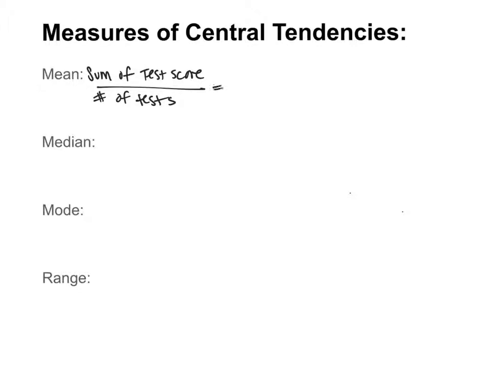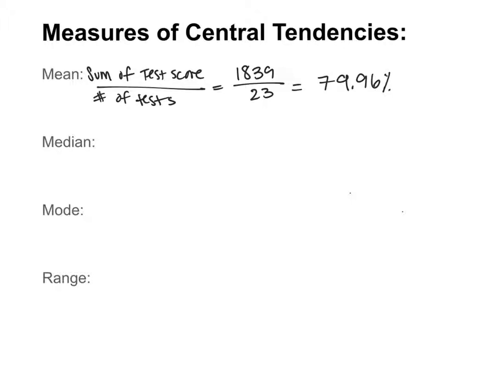So if I add up all my numbers here, I'm going to do that on my calculator, I get 1,839. And there were 23 tests, so I'm going to divide that by 23 to get about 79.96. I rounded to 2 decimal places.